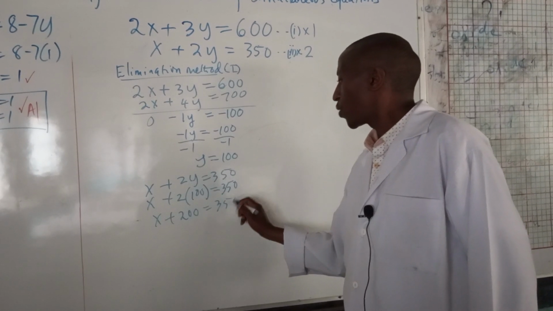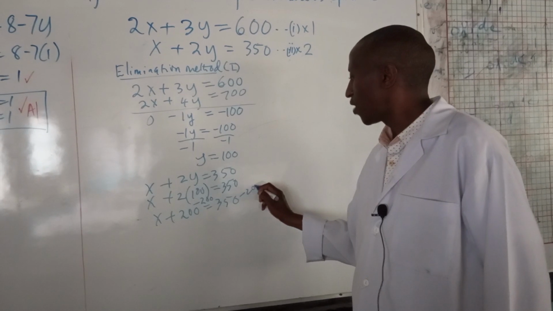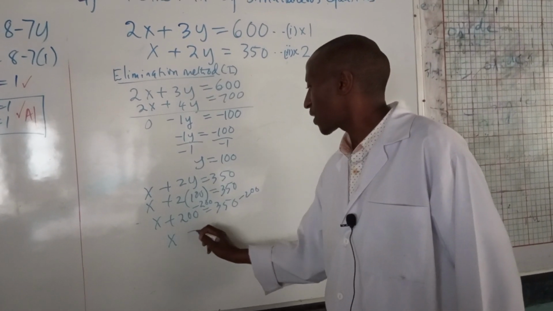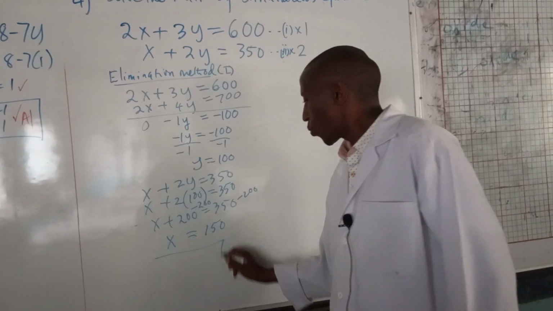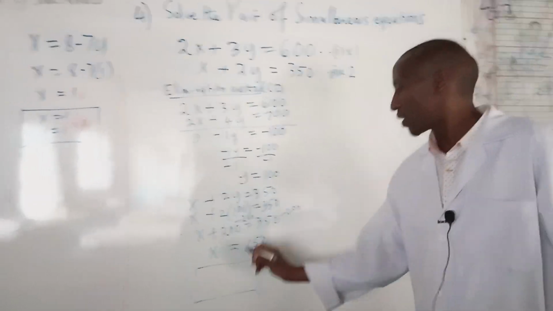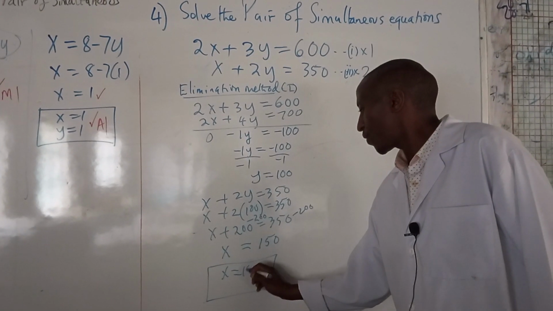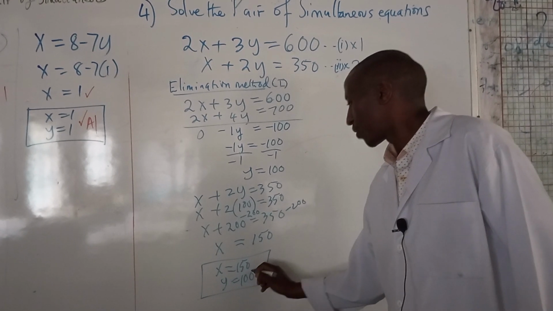We subtract 200 from both sides, and that gives us x is equal to 150. And once more, we need to pair them. We pair these answers, and that gives us x is equal to 150, while y is equal to 100.